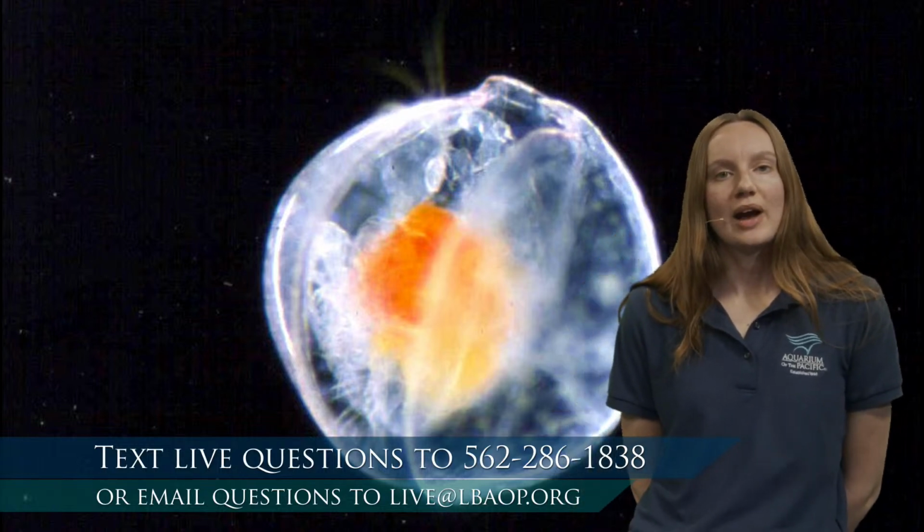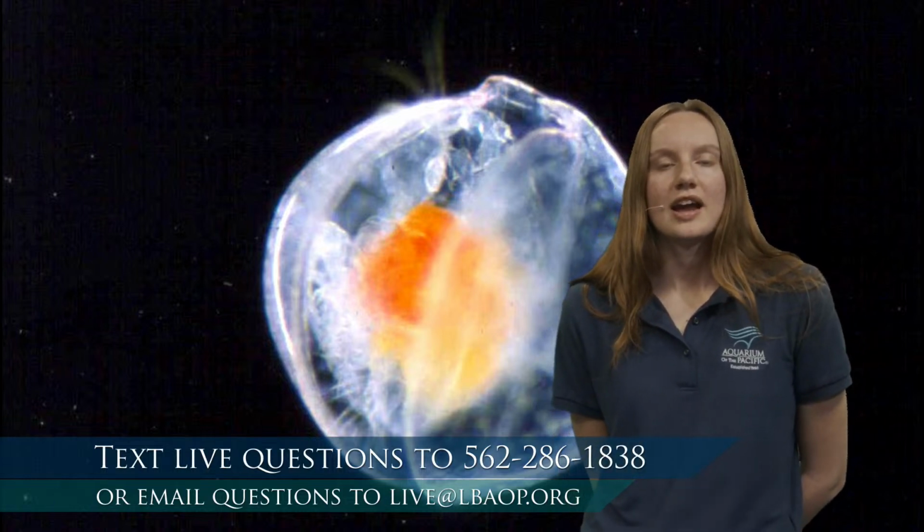Pretty cool. All right, so we've learned about a cool adaptation called bioluminescence, where animals in the deep sea can make their own light. But I want to look now at some other animals that live in the deep ocean, particularly in or around something called a whale fall.